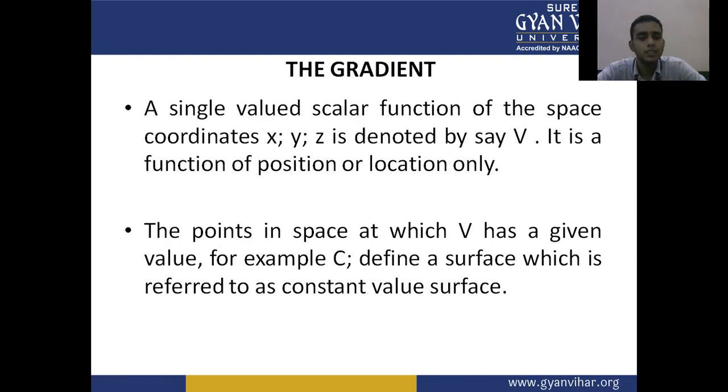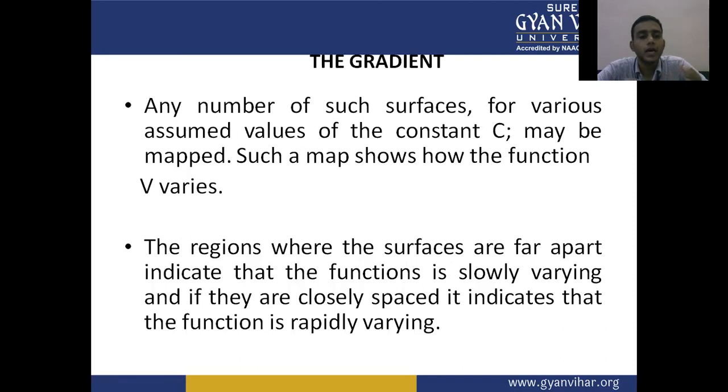The points in space at which V has a given value, for example C, define a surface which is referred to as a constant value surface. Any number of such surfaces for the various assumed values of the constant C may be mapped.